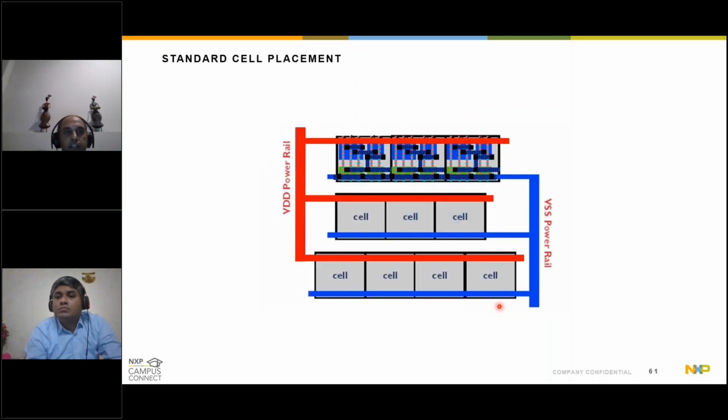Okay, once your gate level netlist is done, next thing is standard cell placement. So Vedanta talked about PDKs. The people who are providing the process design kits or the digital design kits will already be giving you certain standard cell libraries, and not every SOC person will do every standard cell design from scratch.